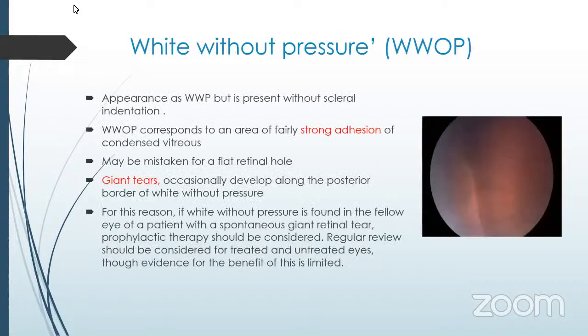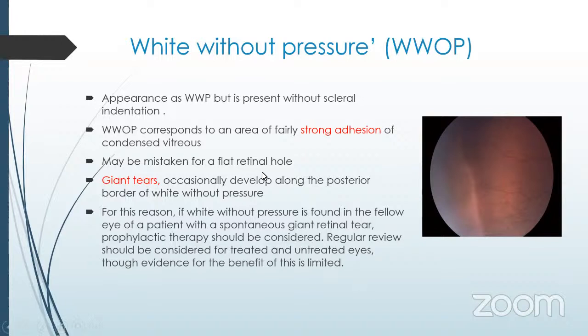White without pressure is basically a strong adhesion of condensed vitreous. The problem is that sometimes giant tears are associated with white without pressure. Generally, we treat this only if the fellow eye has a tear.